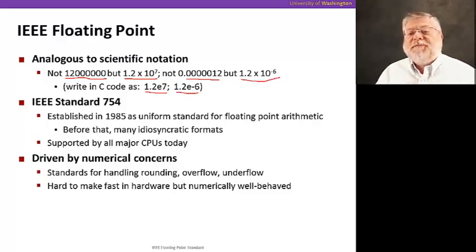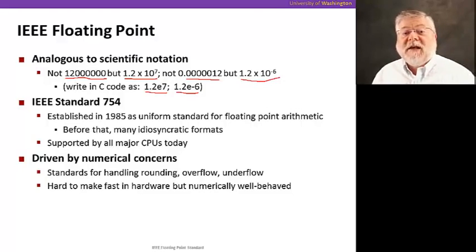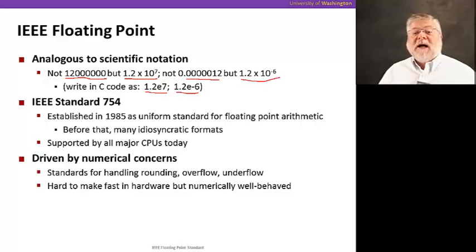All right, this goes back to IEEE standard 754, which was established in 1985 as a uniform standard for floating point arithmetic. Before that, there were all kinds of different formats that were very difficult to combine. But today's CPUs all use this same standard.